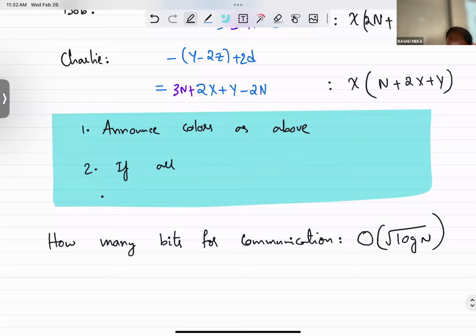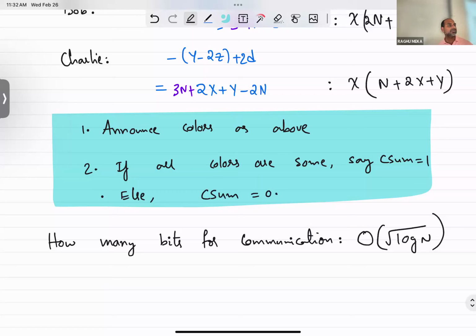If all colors are the same, say checksum equals 1, else say checksum equals 0. Okay, that's the protocol. So the number of bits of communication is the number of colors, which is O of root log n.